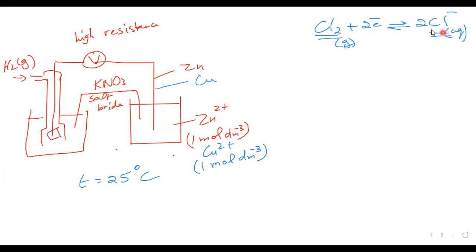So what are we going to do? Since this is a gas and the chloride ion is aqueous, it resembles the hydrogen electrode, which has hydrogen gas and hydrogen ions of 1 mole per decimeter cube. They resemble each other because we have a gas with its ions, and also in the hydrogen electrode we have a gas with its ions.